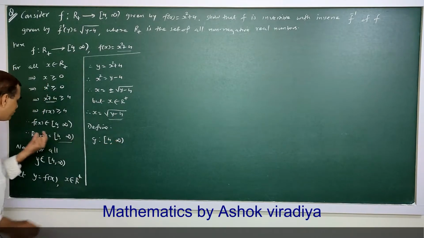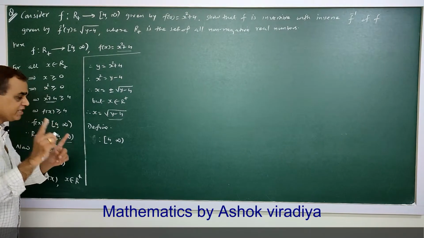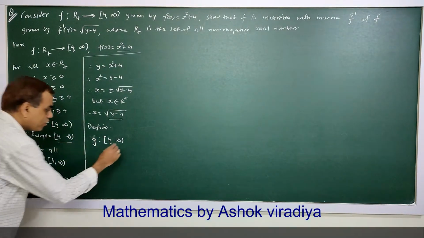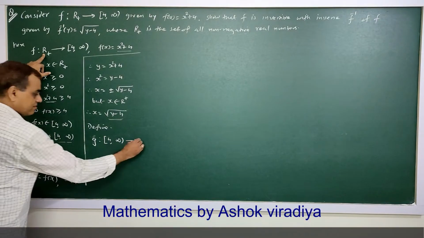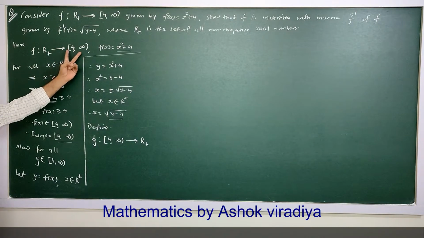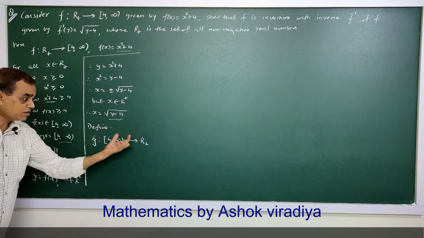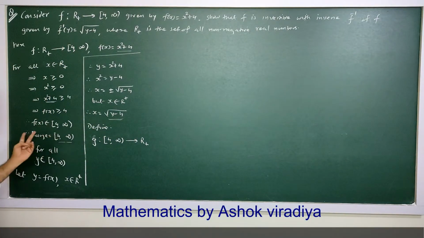Whatever range we have found, we have to take as the domain of g, and the codomain of g will be the domain of f, R plus. So say here the function was from A to B, and the new function we are taking from B to A, because here B is itself the range.